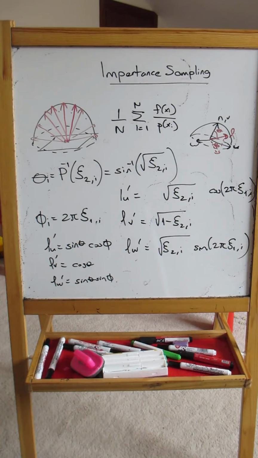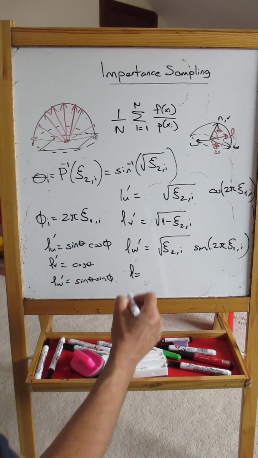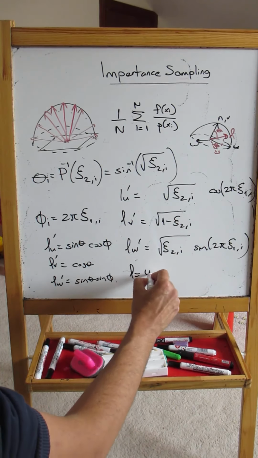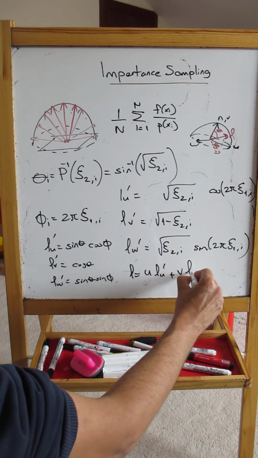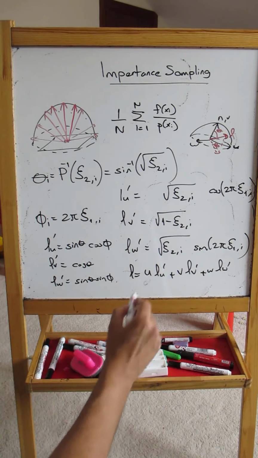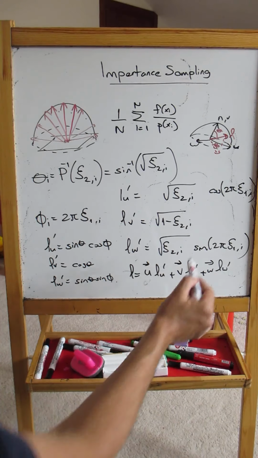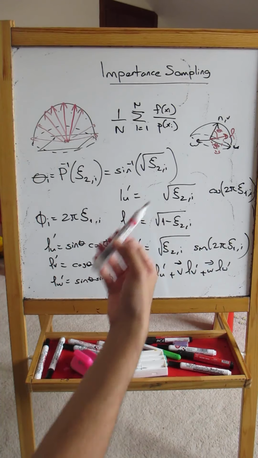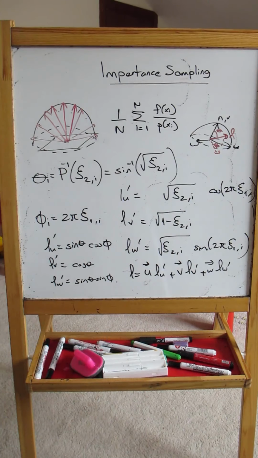Okay, so with this we find the U, V and W components, and obviously we can find our global light vector as follows. L is equal to U times LU prime plus V times LV prime plus W times LW prime. And how do we create UVW vectors? We create an orthonormal basis from a single vector, the N vector.